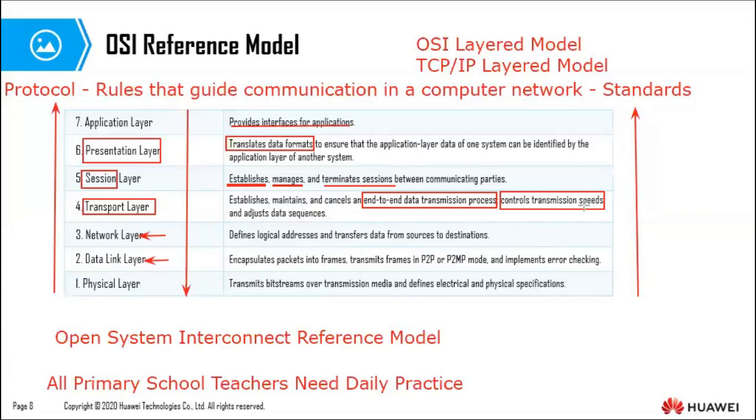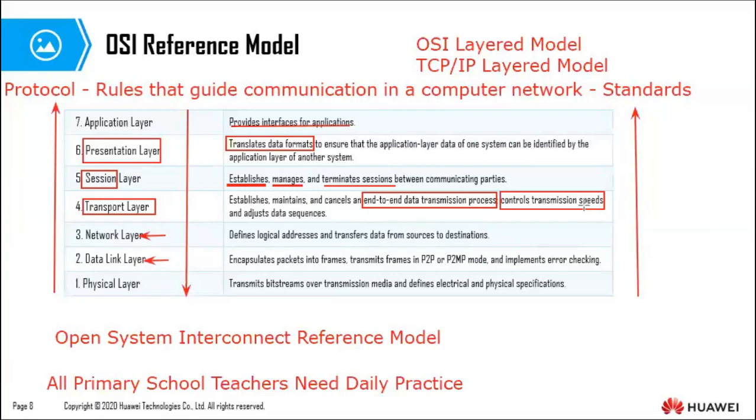For example, Facebook servers can transmit at 100 gigabits per second, but your smartphone can only process 10 megabits per second. So your phone has to tell the server, if you're sending data to me, I only have the capacity of processing 10 megabits per second, so send with this speed. That is what we call flow control.